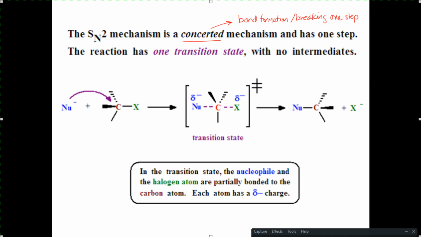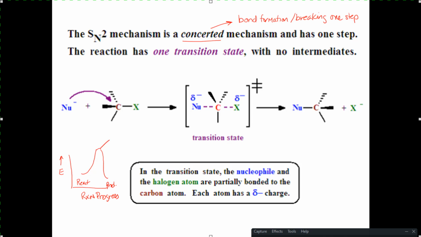And when we have a reaction, if we plotted the energy of the products and reactants, starting with the reactants, as the nucleophile gets closer and closer to this carbon, the energy of the system will go up, reach a maximum, and then go down to form the product.